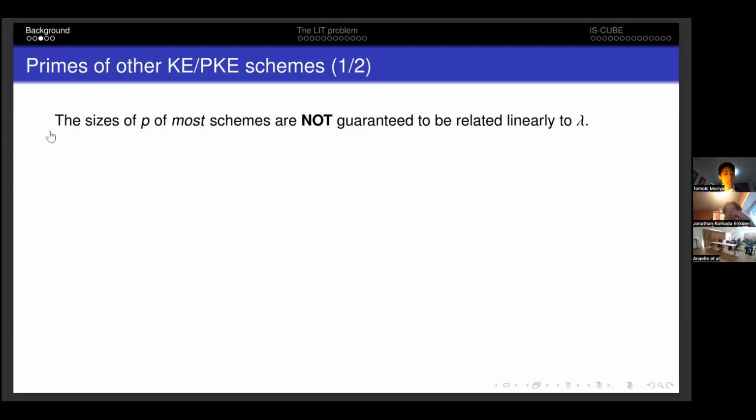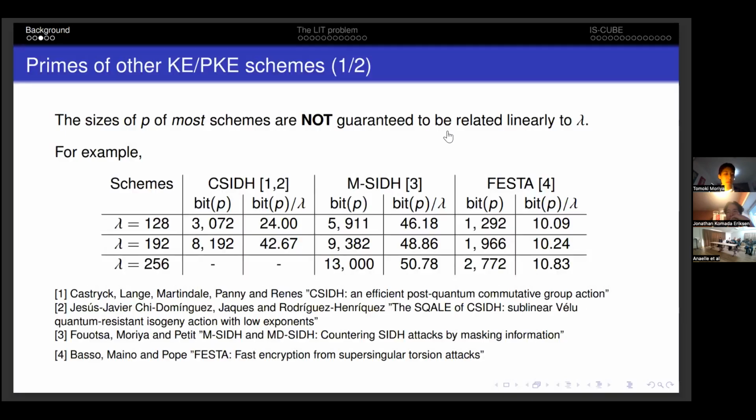the primes appearing in most of the schemes are not guaranteed to be linearly related to lambda. I'll show an easy example. For example, in CSIDH, when the security parameter is 128, the bit length of p is about 3072. I took this number from the paper titled The Scope of CSIDH, Sublinear Quantum Resistance Isogeny Action with Low Exponents.